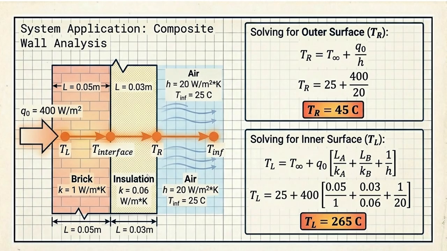So substituting the values that we have been given in this question, LA 0.05, LB 0.03, h 20, KB 0.06, KA 1, and on solving we'll get the temperature of the inner surface, that is TL, is 265 degrees centigrade.